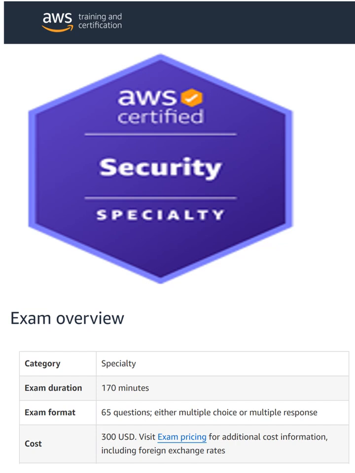As I specified, scored questions are 50 and 15 are unscored questions which AWS would be using for their further analysis. AWS charges 300 USD for this exam.